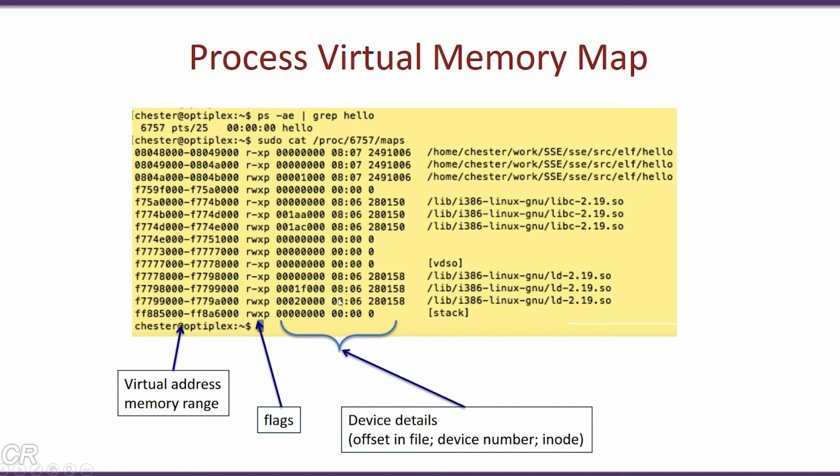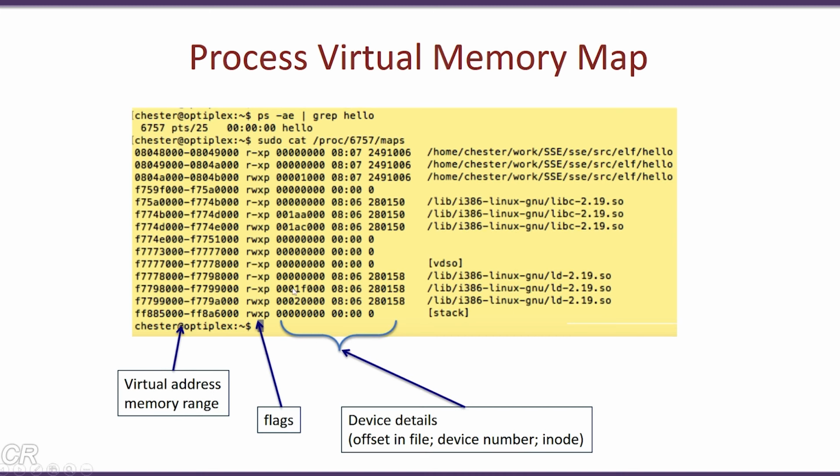This column specifies the device number, the major and the minor number of the disk from where this library was loaded. And this last column specifies the inode number, which is essentially an identifier on the disk for this library. So we have all of this information completely specifying the virtual address map for a process.